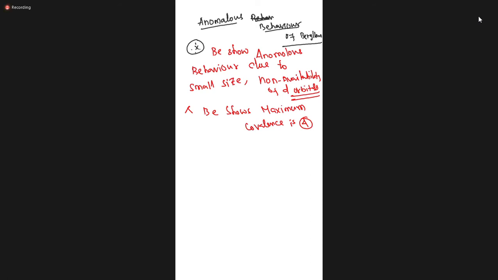And one more point we need to remember here. Be2+ has small size, extremely small size, that's why it has high polarizing power. In the first and second group elements, Be2+ has the highest polarizing power.